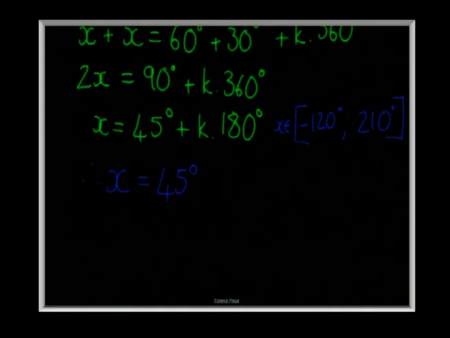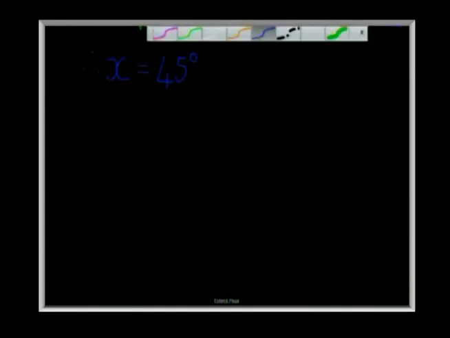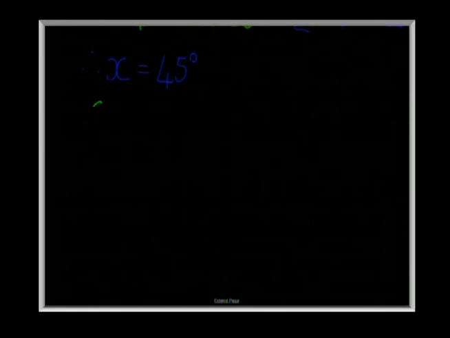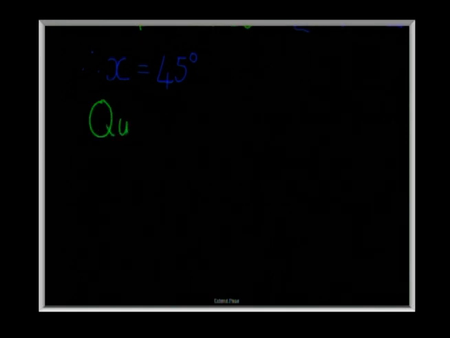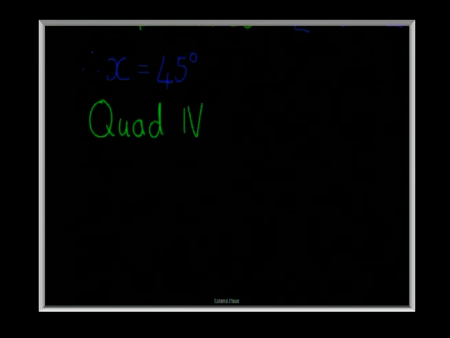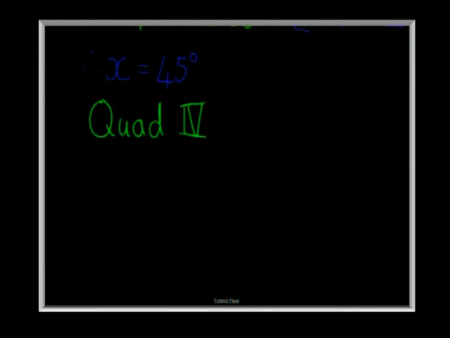Now remember, on your graph, this will represent where the functions intersect. Let's see what happens in quadrant 4. We'll make some more space for ourselves. And back to green. In quadrant 4, it is the formula of 360 minus.